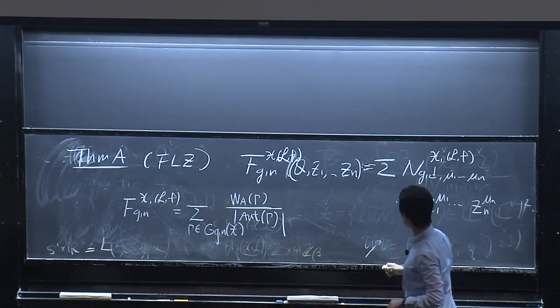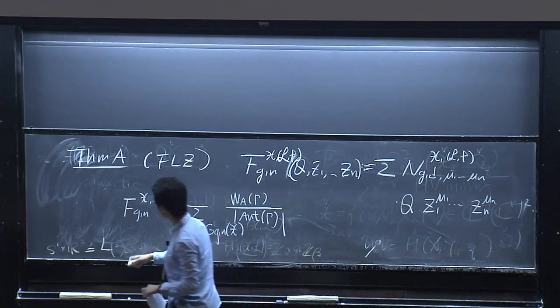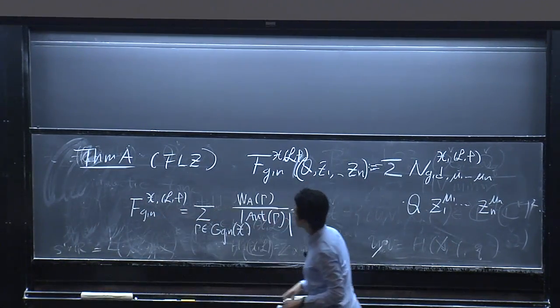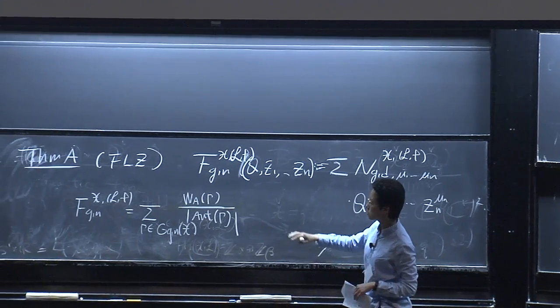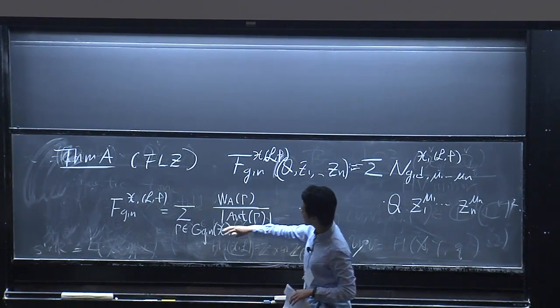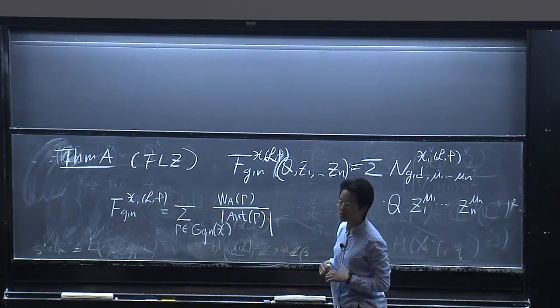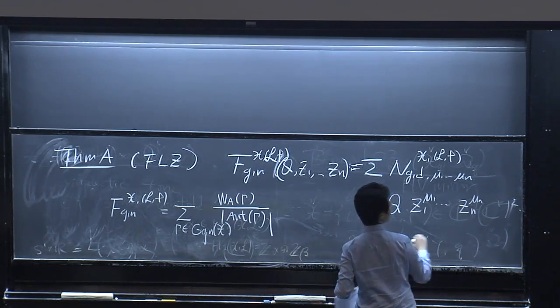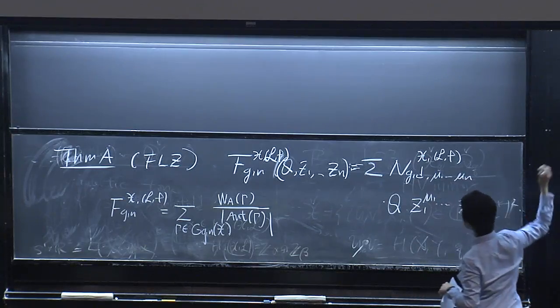The idea of the proof is this: we use localization, and then we can express it in terms of closed descendant Gromov-Witten invariants, which are more general than the closed invariants here.